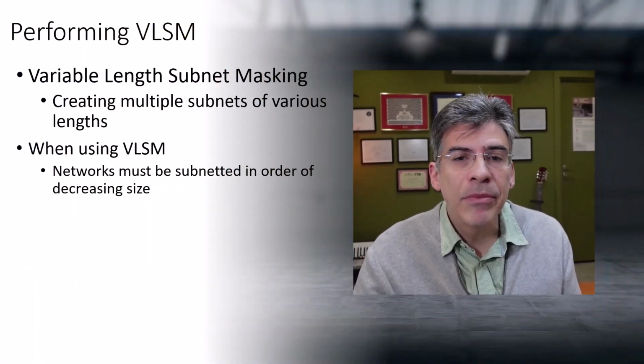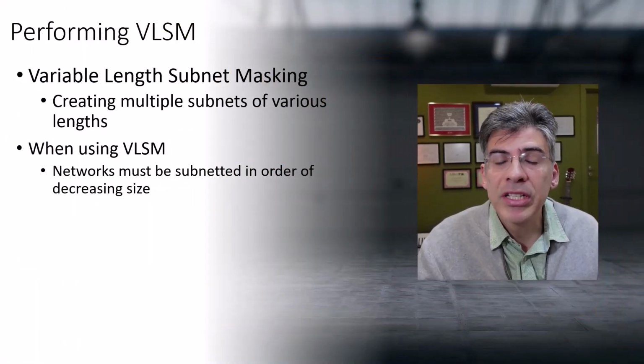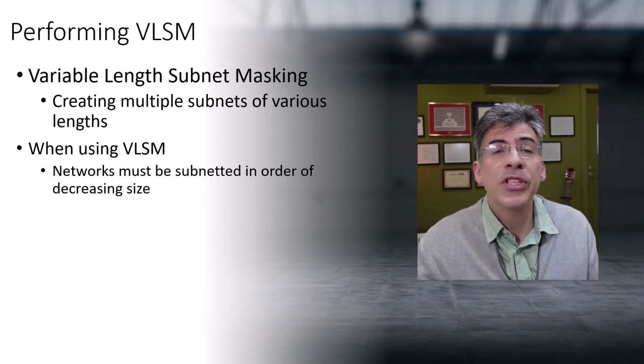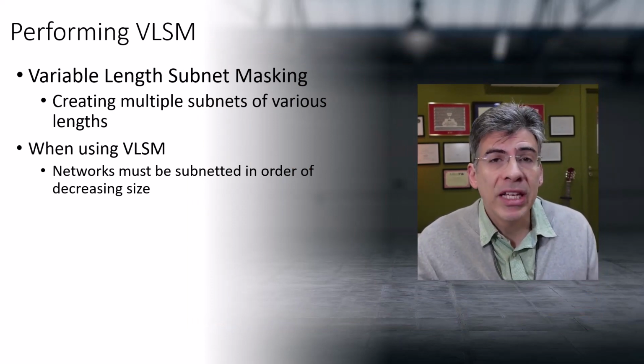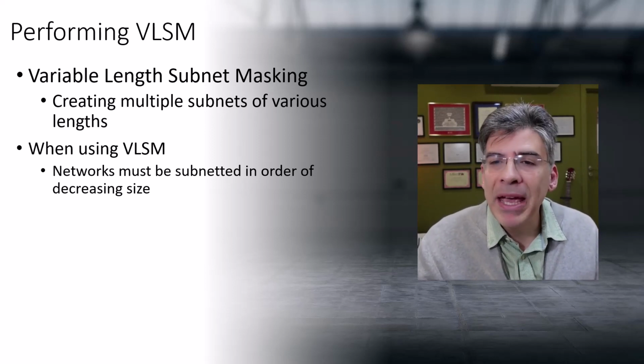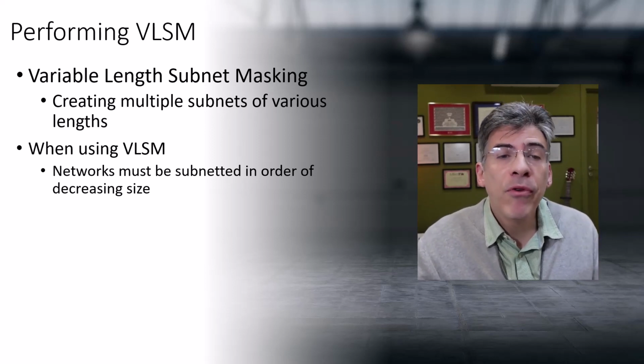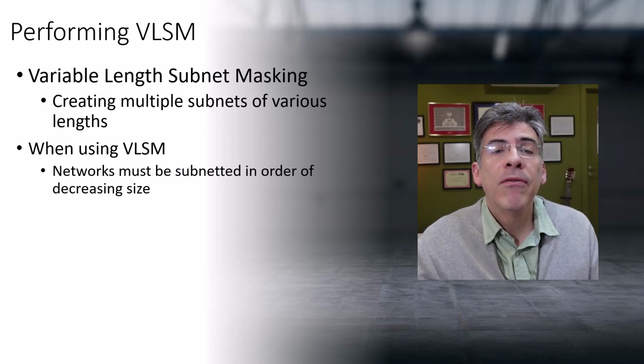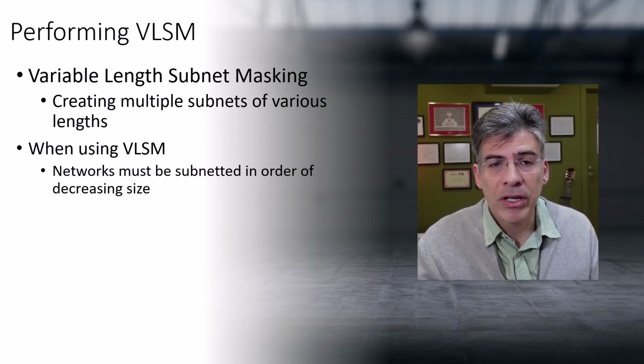Now, when you use VLSM, you must subnet the networks in decreasing size. As we saw in part 2, if you don't do this, subnetting will fail. Let's correct the error we made in the previous video and perform our subnetting for the same enterprise network.